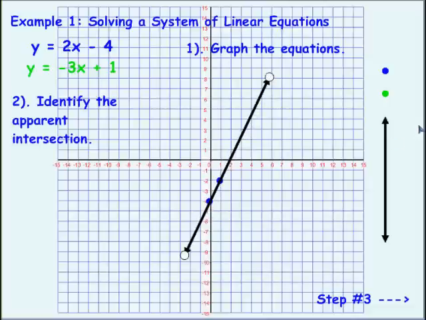And let's graph the green equation, negative 3x plus 1. So my y-intercept is at 1. Using the slope, I'm going to go down 3 and over 1.